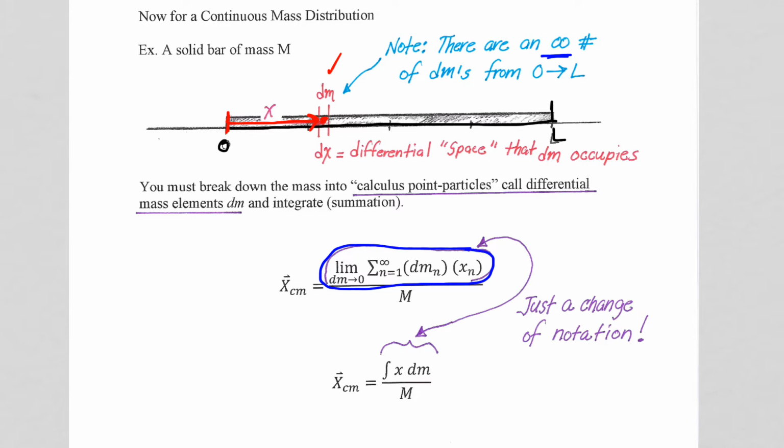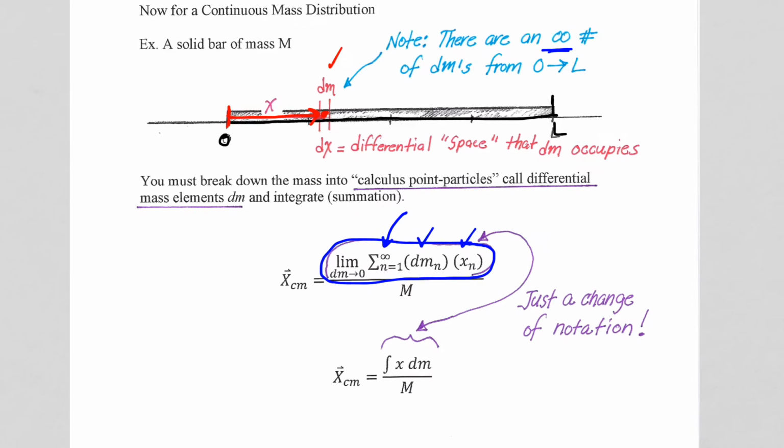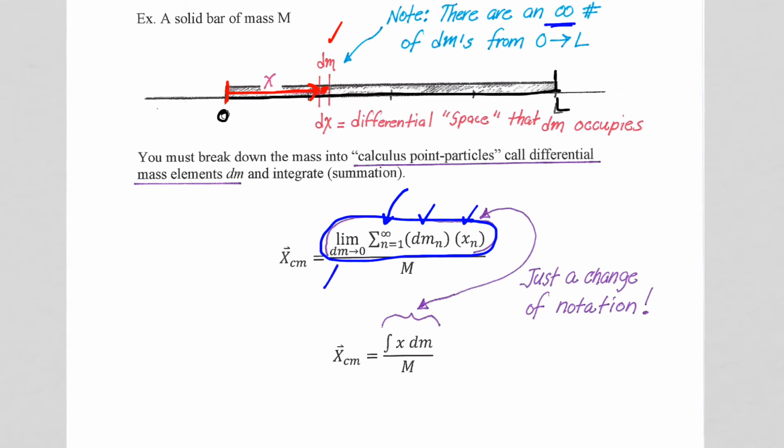We would be literally summing up all of these differential point particle m1, x1, but we can't do it because we have an infinite number of them. So that's a problem. And this is just showing that they're infinitesimally small. That's in the limit as dm goes to 0.